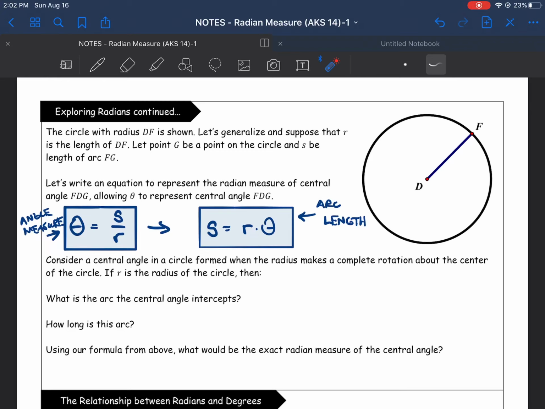Well, if we rotate all the way about the center of the circle, then the arc that the central angle intercepts is the circle itself, which is very interesting. It's the circle itself, or the circumference.